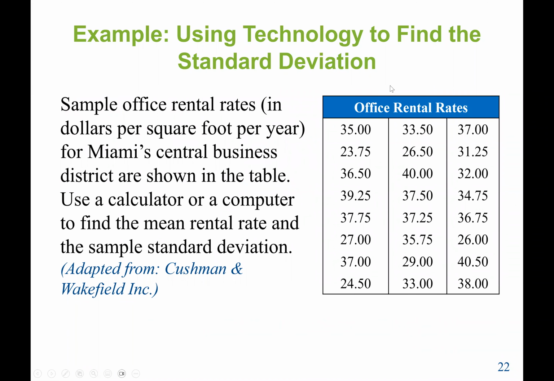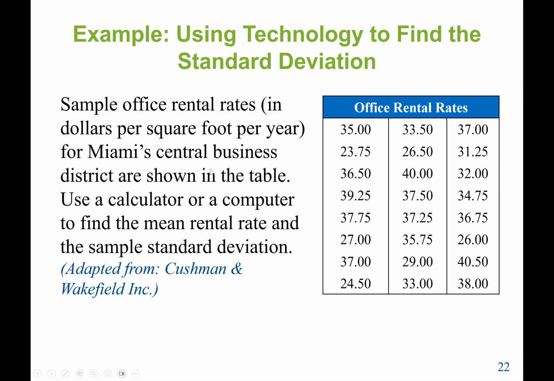Now, using technology to find the standard deviation, we can use either Microsoft Excel or any statistics programs such as SPSS or JMP, etc. So here we have an office rental rate data set. We have a sample of office rental rates in dollars per square foot per year.